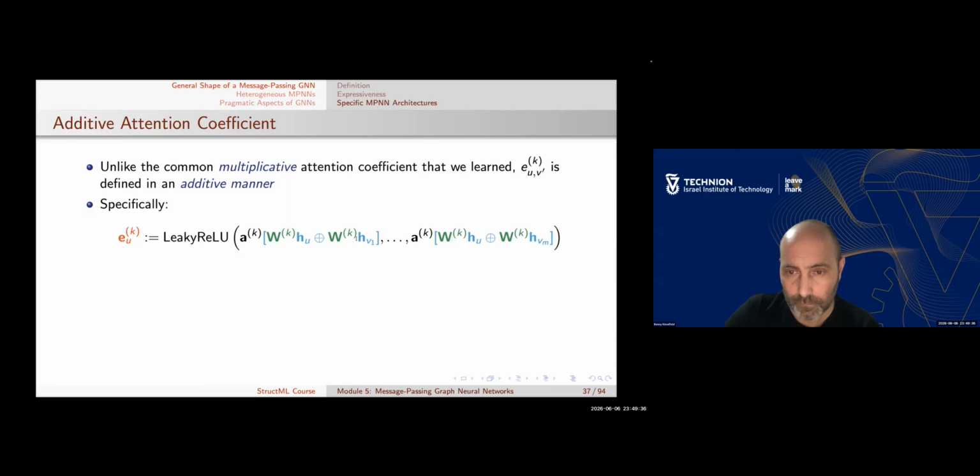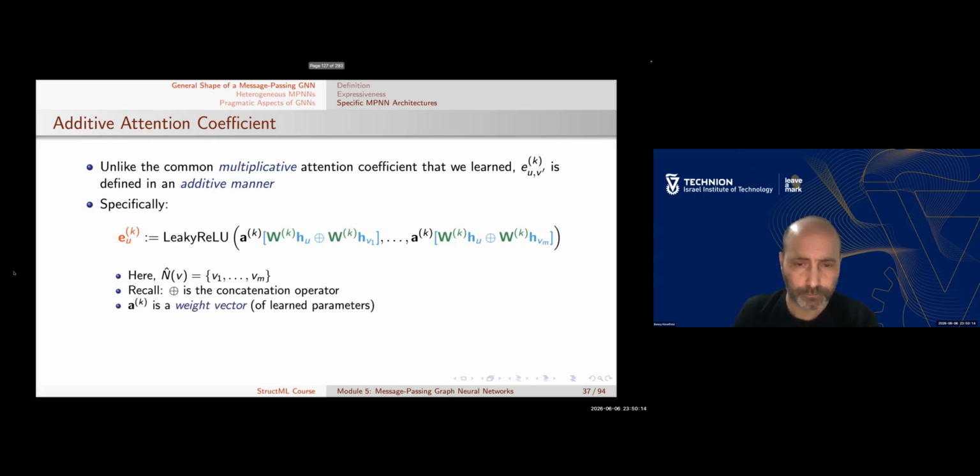This is the key of v1, and this is the key of vM. And again, concatenation with the query, W^k h_u. And to make a number out of that, we multiply it with a weight vector. So it's a^k times this concatenation, which gives us a scalar. Again, the neighborhood, including V, is v1 to vM. Oh, this is the neighborhood of U actually. And this concatenation symbol is the concatenation operator, as I said, and a^k is the weight vector.